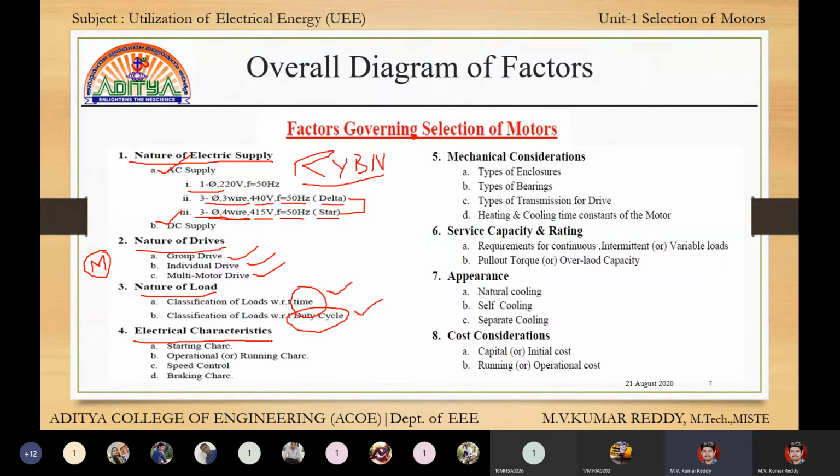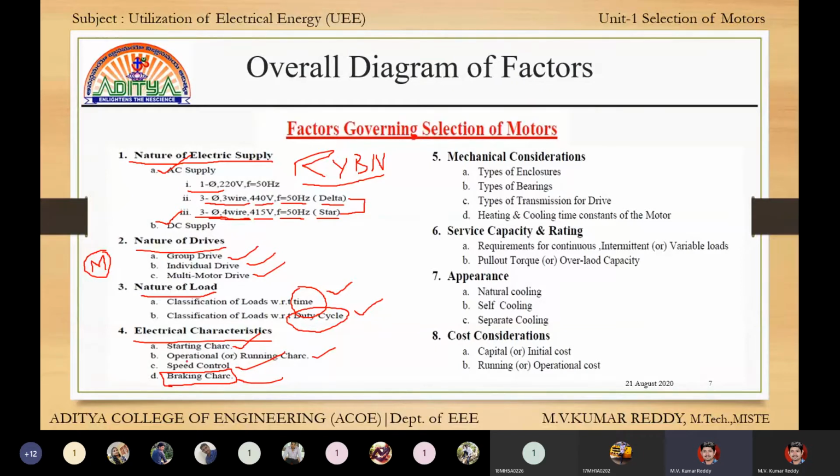Already we studied these electrical characteristics in Machines 1. In the Machines 1 subject we already learned them: starting characteristics, operational or running characteristics, speed control, and braking characteristics. In the syllabus braking characteristics is not there.